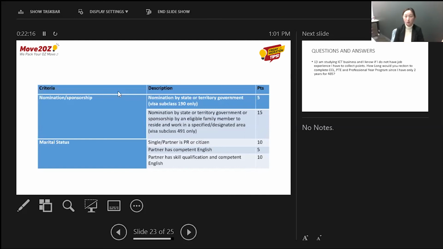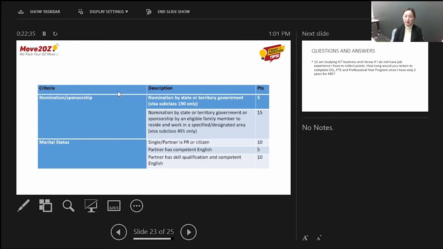It depends on where they live and what the state policy is. If you do have family, contact us and we'll see if you are eligible to be sponsored by the family member. So if your family member or the government would like to sponsor you for the 491, then you will have an extra 15 points.